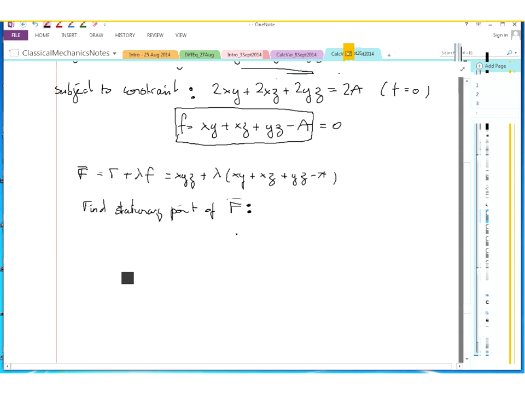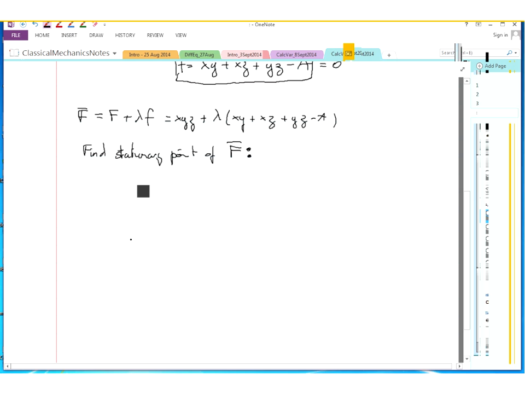So to find that, I do all the partial derivatives, because for f bar I can vary all the variables independently. So ∂f̄/∂x has got to be equal to 0. The first term is yz, and then it's lambda times (y plus z). And that's got to equal 0.